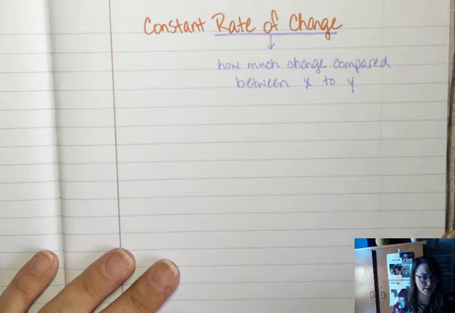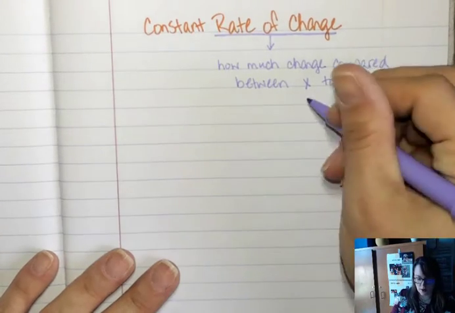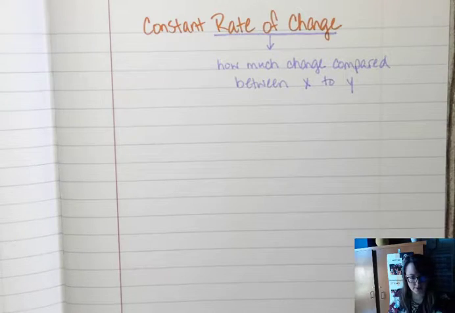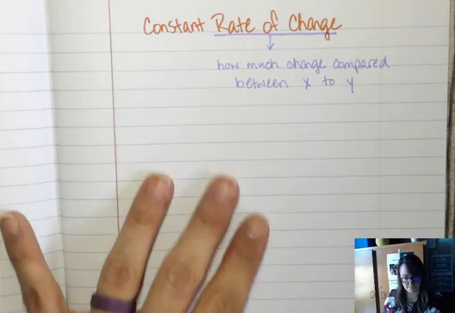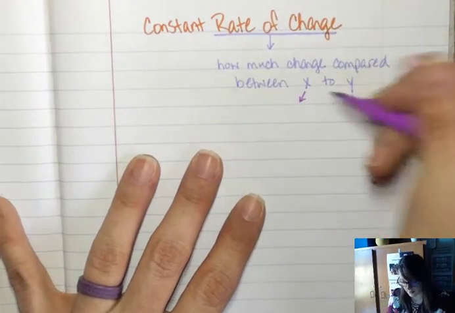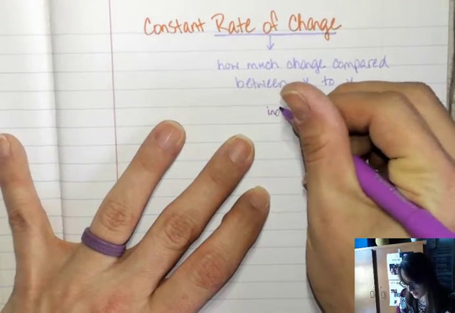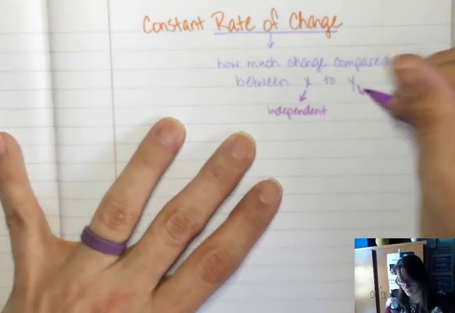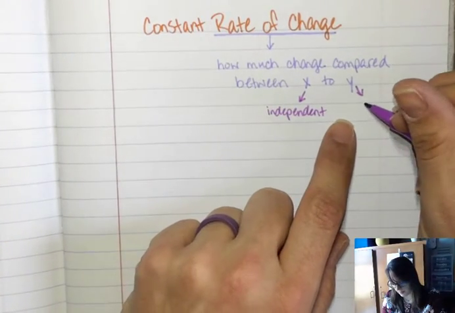Now when you talk about science and dependent versus independent, X and Y, which one's independent? X or Y? X is independent. So Y is dependent.